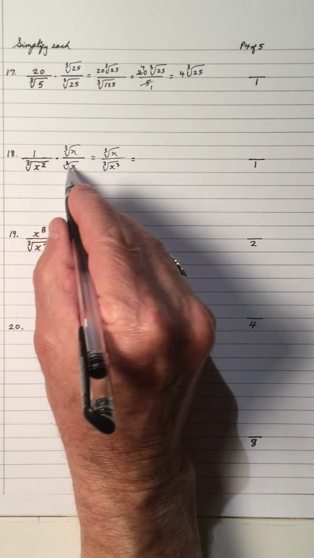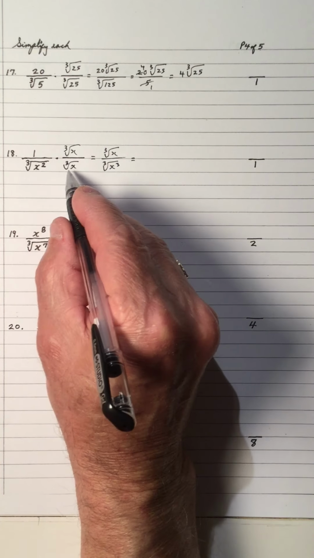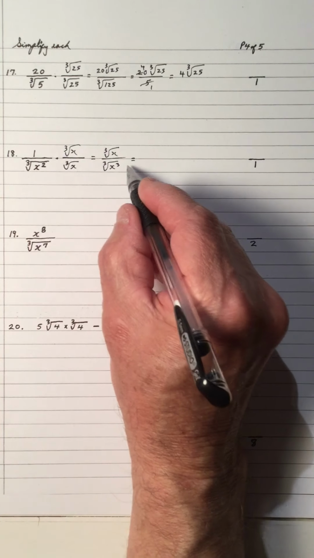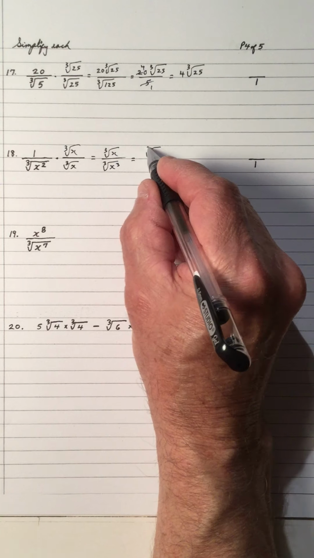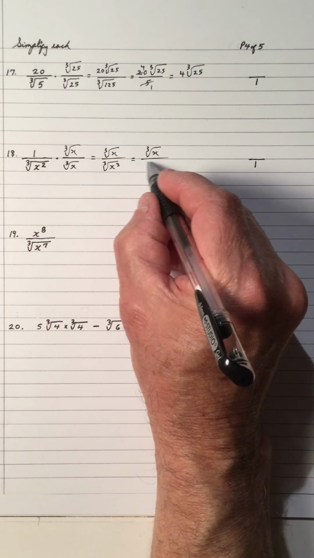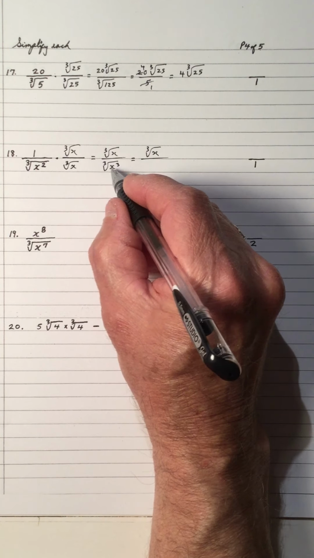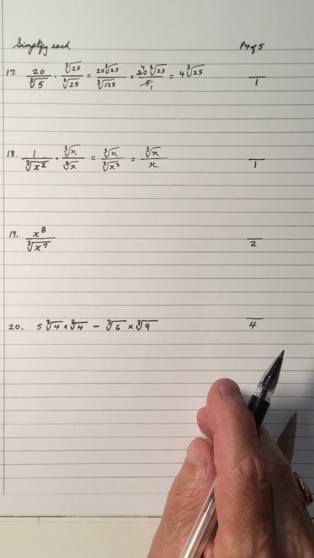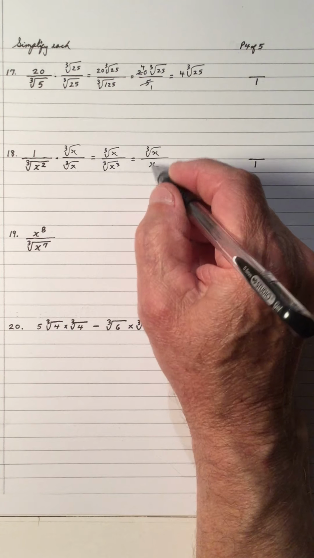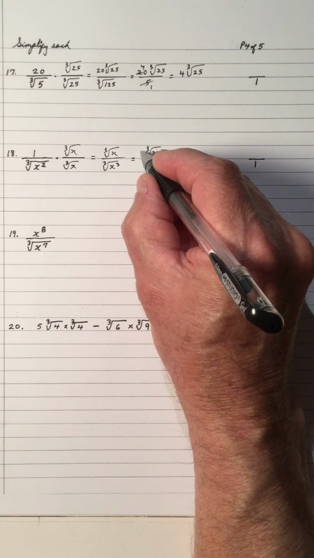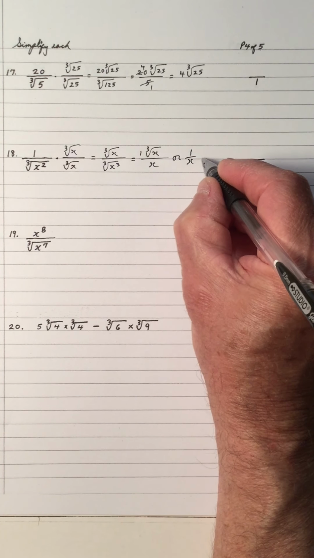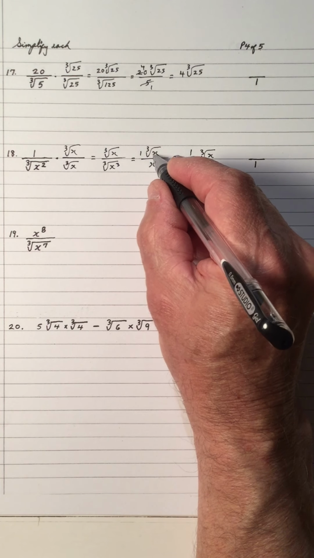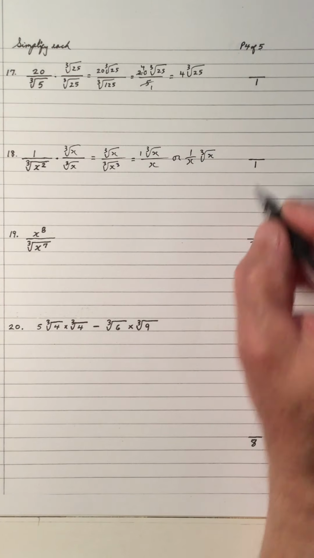Remember, when you multiply exponents, x squared times x, the 1 plus 2 is 3, and that's the cube root of x divided by the cube root of x cubed, which is x. And we can say, that's a 1 there, we can go 1 over x, cube root of x, but you cannot cancel this x into this root. Give yourself a mark if you're right.